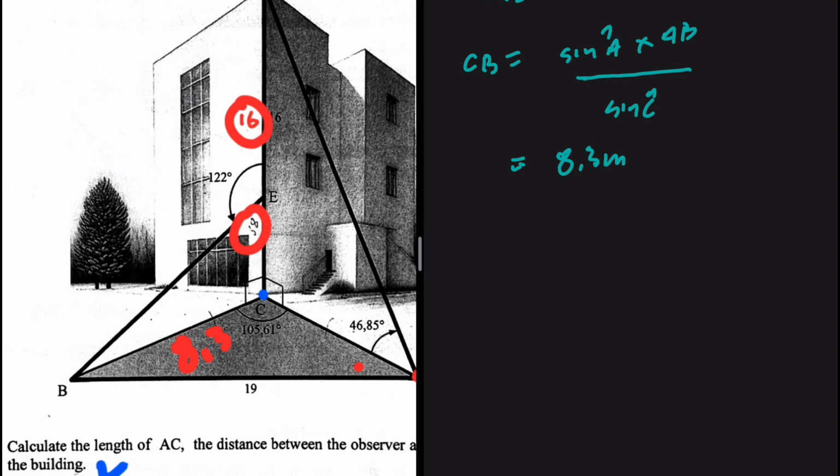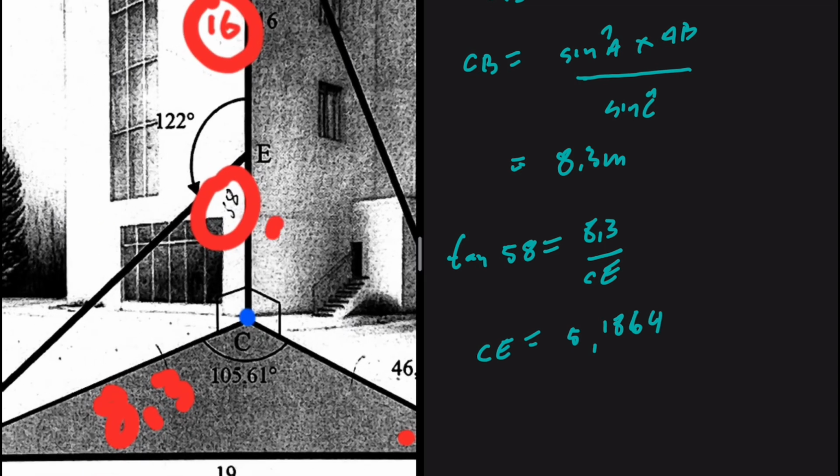So this 8.3, if I use 58, is going to be my opposite, so I'm looking for the adjacent. So tan of 58 is equal to 8.3 divided by CE. So CE is equal to 8.3 divided by tan of 58, which is 5.1864.